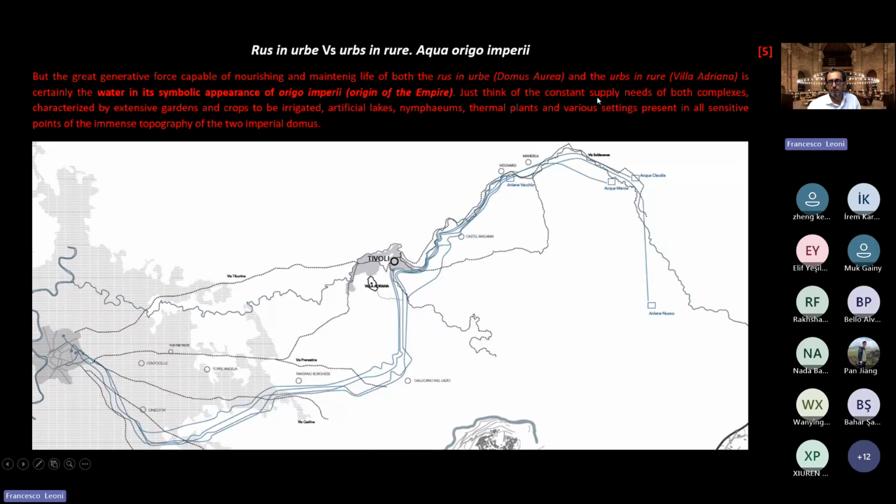Just try to think of the constant supply needed for both complexes, characterized by extensive gardens and crops to be irrigated, artificial lakes, nymphaeums, thermal baths, and various settings present in all the sensitive points of the immersed topography of the two imperial domus. But we talked about water even during the last presentation.